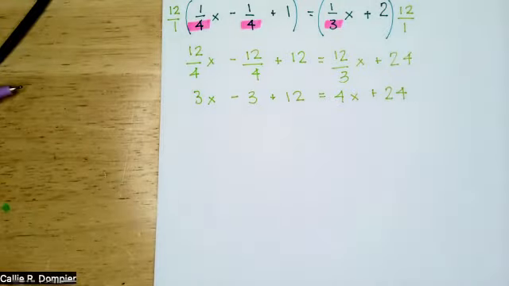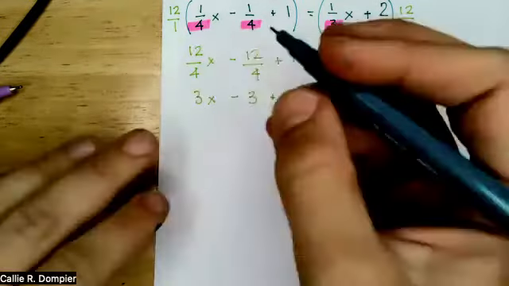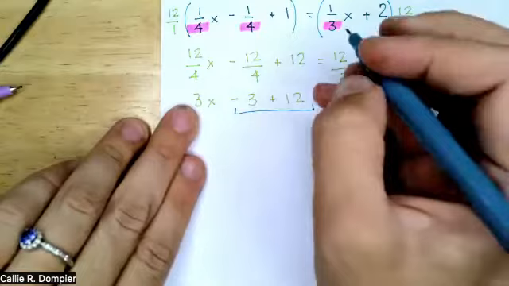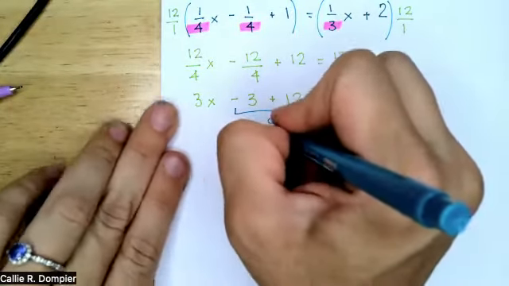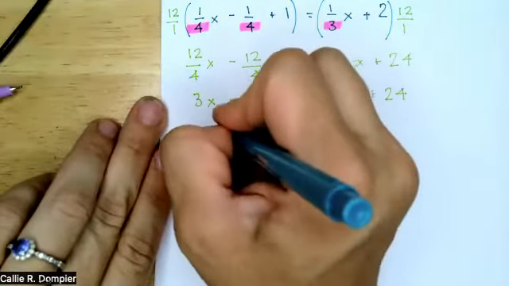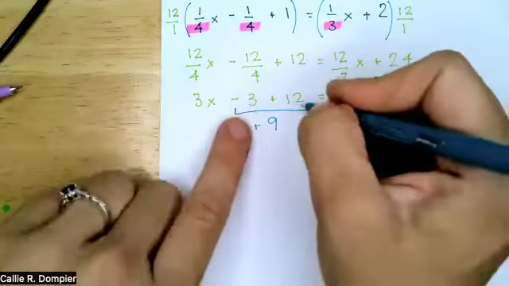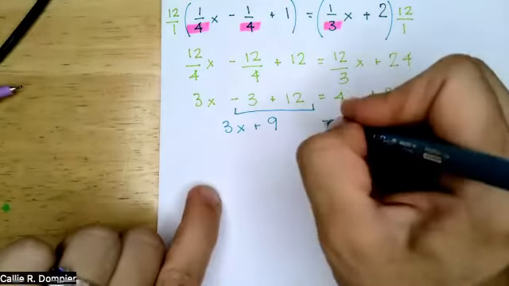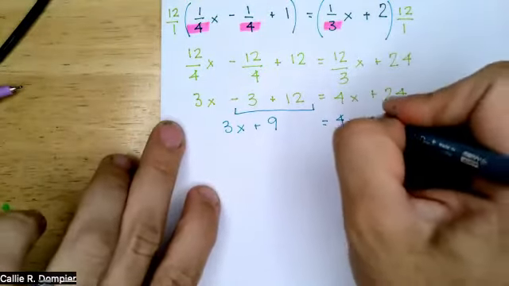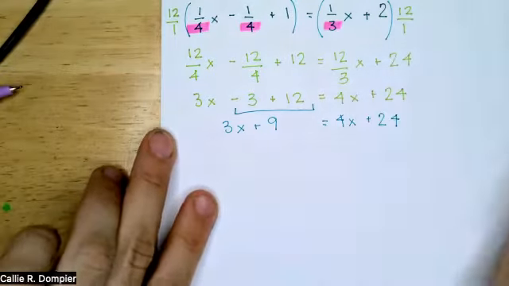Good. All right, so we can combine like terms. -3 and +12 become 9, right? So now it's 3x plus 9 because the 12 was positive equals 4x plus 24.